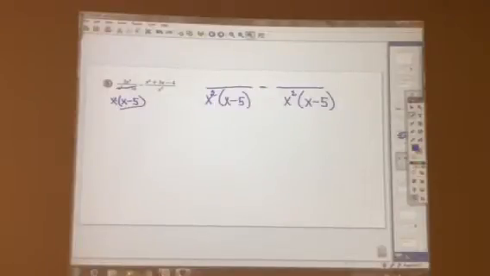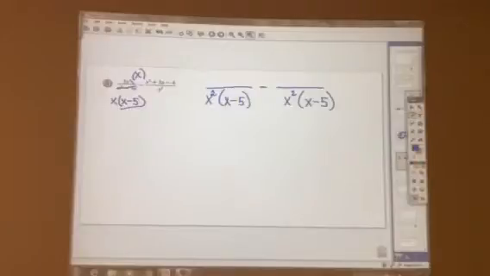Now, if I divide x and x minus 5 into x squared and x minus 5, what do I have left? What would I have to multiply that by to get this? An x. So I'm going to multiply my numerator by x.